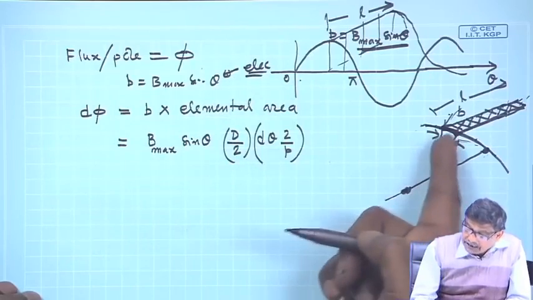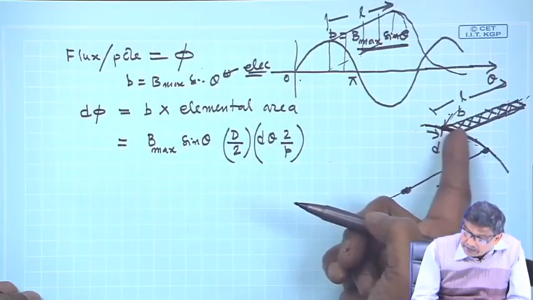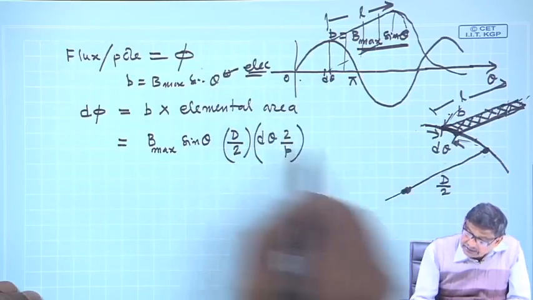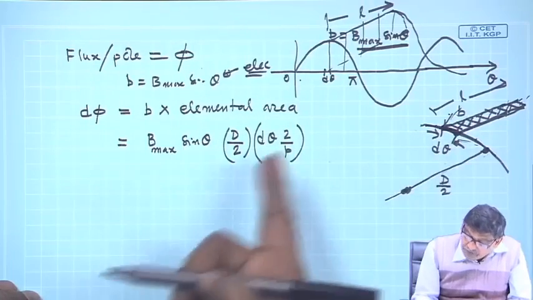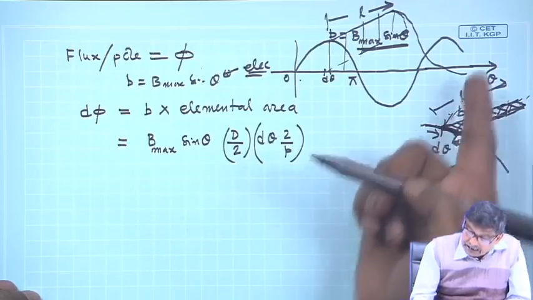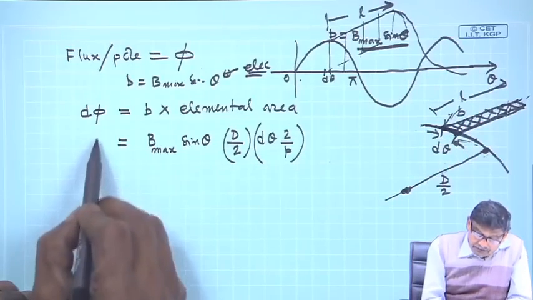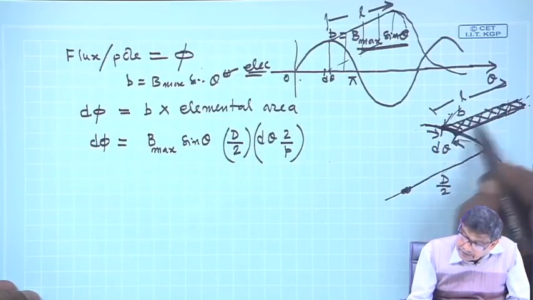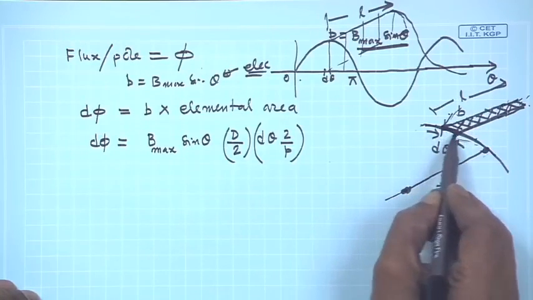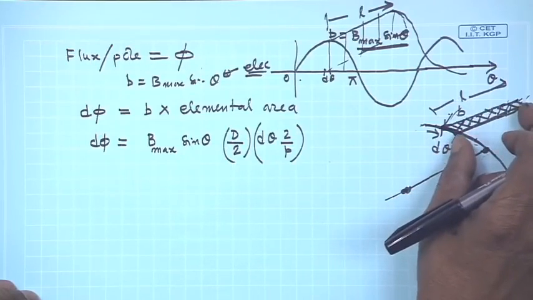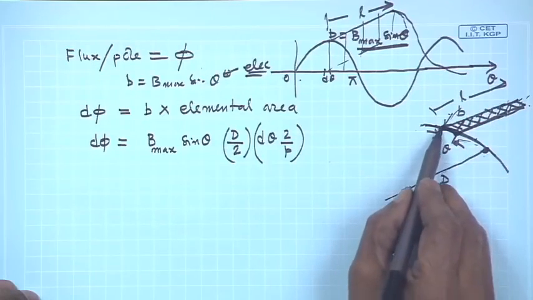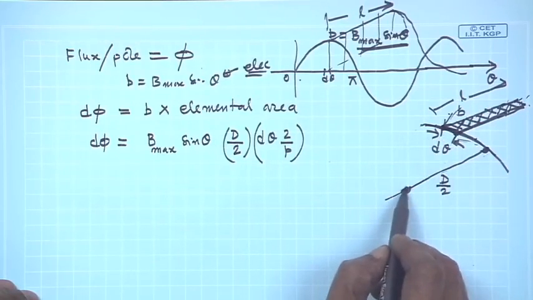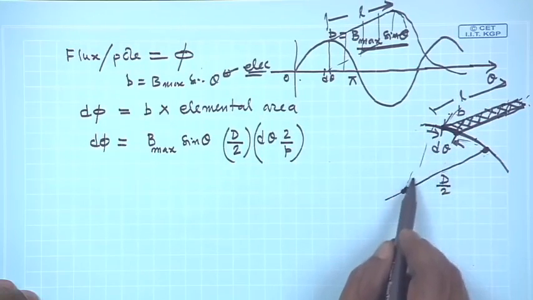Take a mechanical angle corresponding to d theta. You have moved by d theta here, electrical angle fine, but to calculate the elemental flux d phi, you have to multiply with this elemental area. It is a small rectangle spanning over the length L, with distance d theta, where D by 2 is the radius of the rotor.